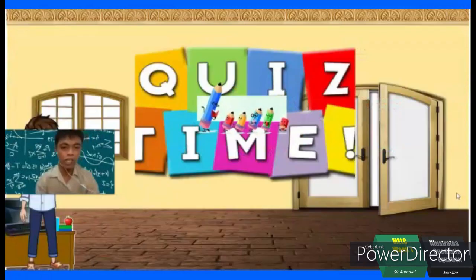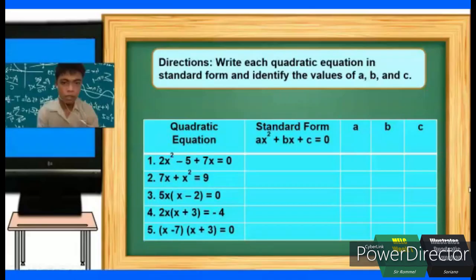For our quiz activity, ready tayo ng papel. So, ang gagawin natin para sa ating quiz activity, we are going to write each quadratic equation in standard form and identify the values of a, b, and c. So, meron tayong 5 question.